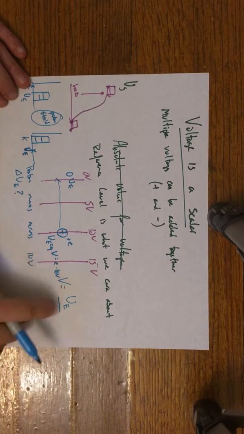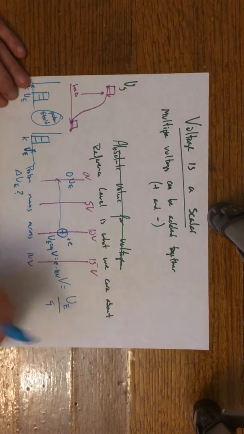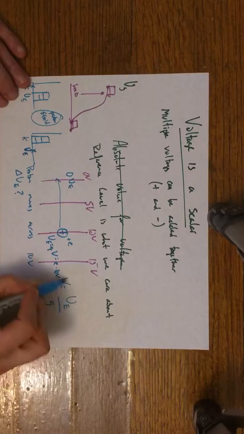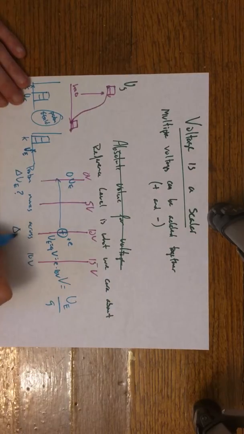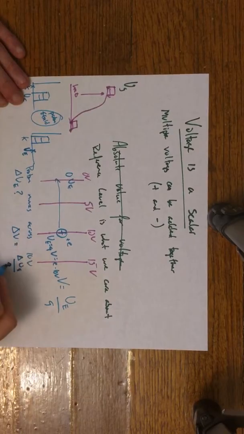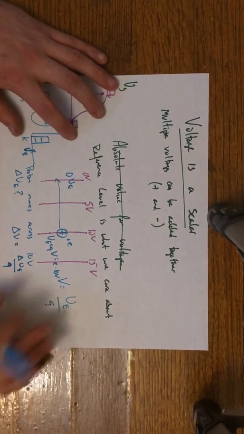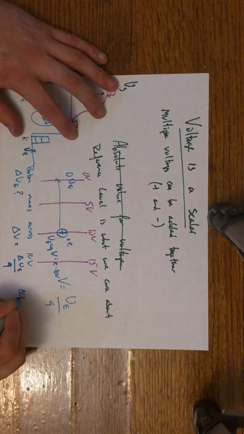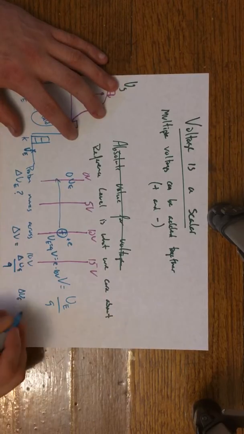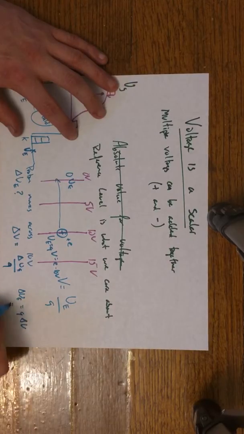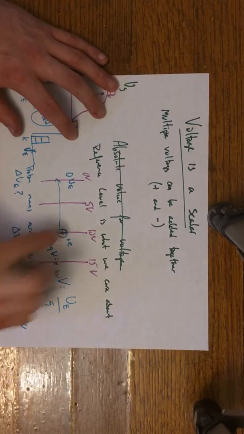So now I could set up this expression. Another way of examining this algebraically is I could say these are both changing. So a change in voltage is equal to a change in potential energy all over charge. Right, so my change in potential energy due to the electric field must be the charge times the change in voltage, which this is positive e.